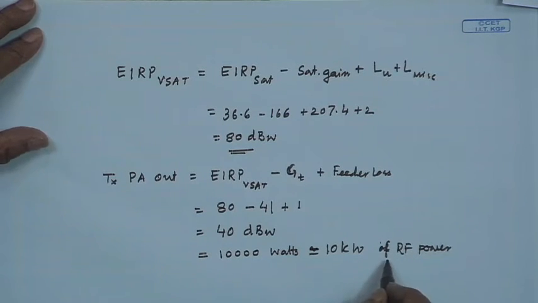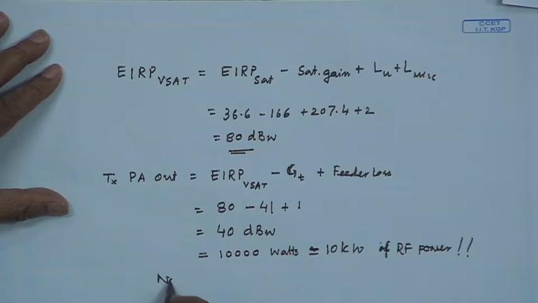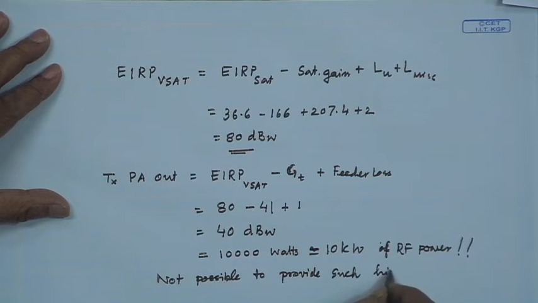So, the DC power requirement, depending on the RF power amplifier efficiency, is much larger than 10 kilowatt. It's not possible to provide such high RF power at VSAT location.